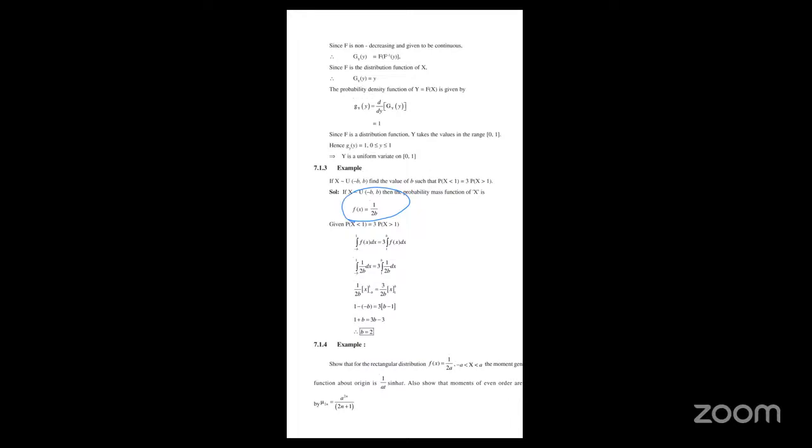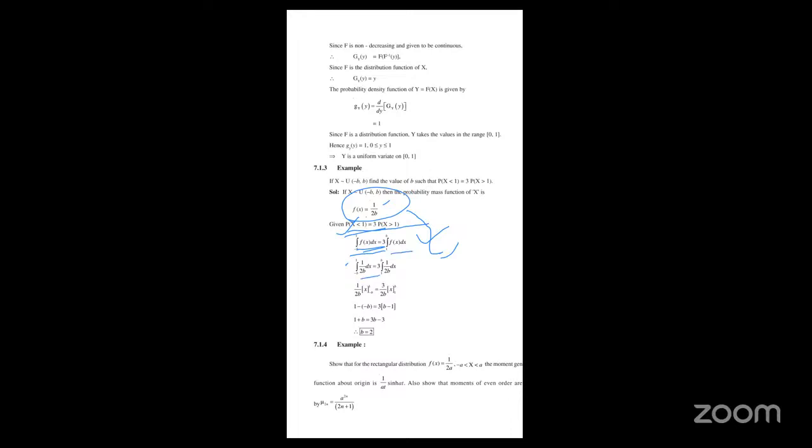So now the condition they gave is probability of X less than 1 is equal to 3 times probability of X greater than 1. So we will take that and do the integration part. This can be written in two cases: minus b to 1 as one integration and 1 to b as the other. We substitute the f of x value 1 by 2b into dx.